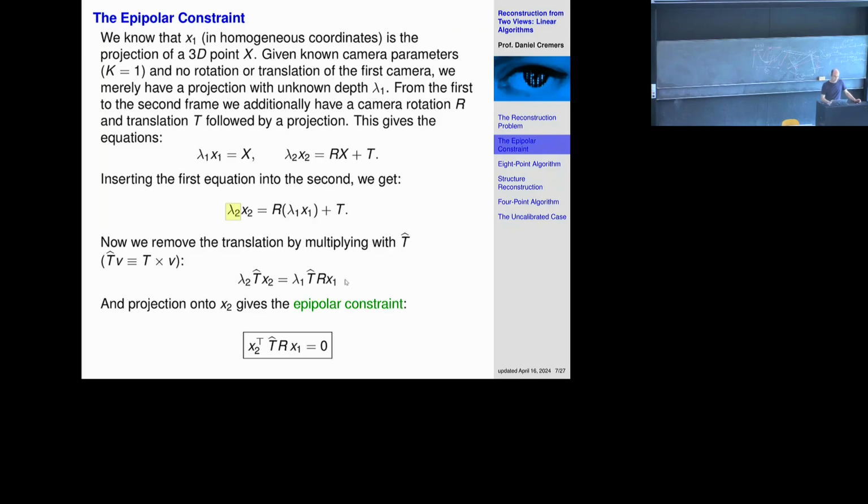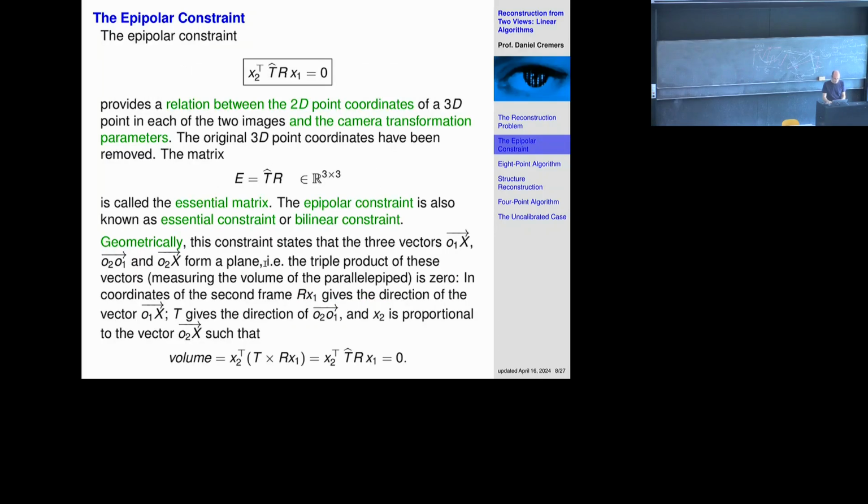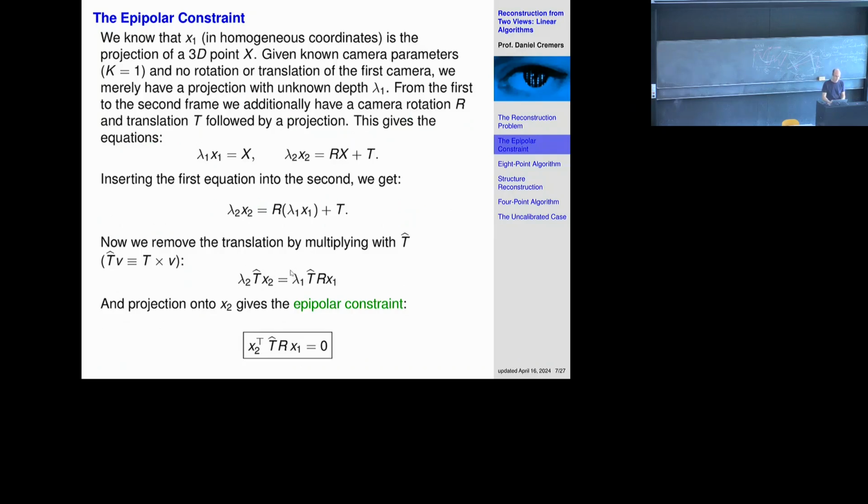What's important here, these transformations that we're doing, for example multiplying with t hat, are not equivalence transformations. So this equation is not equivalent to that, but it follows. So if this equation holds, and it has to hold, then so does this equation. So this equation, we know it holds.